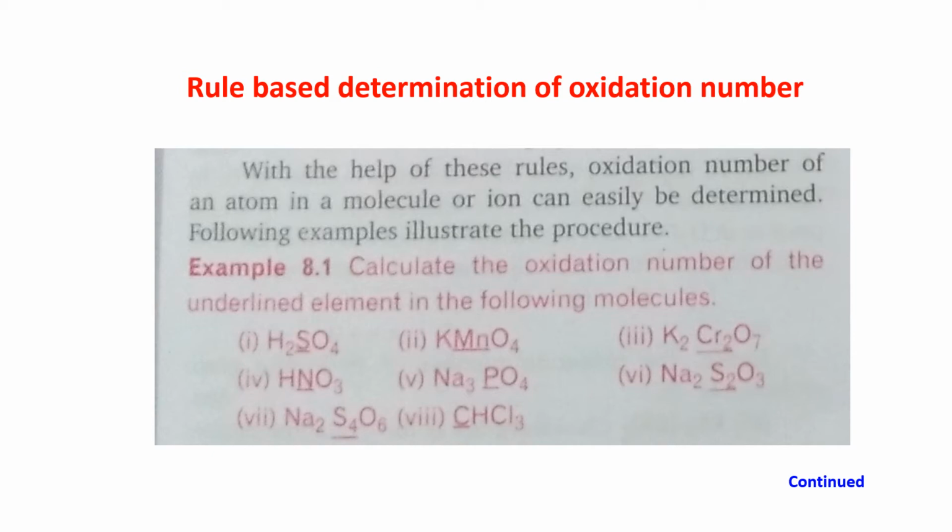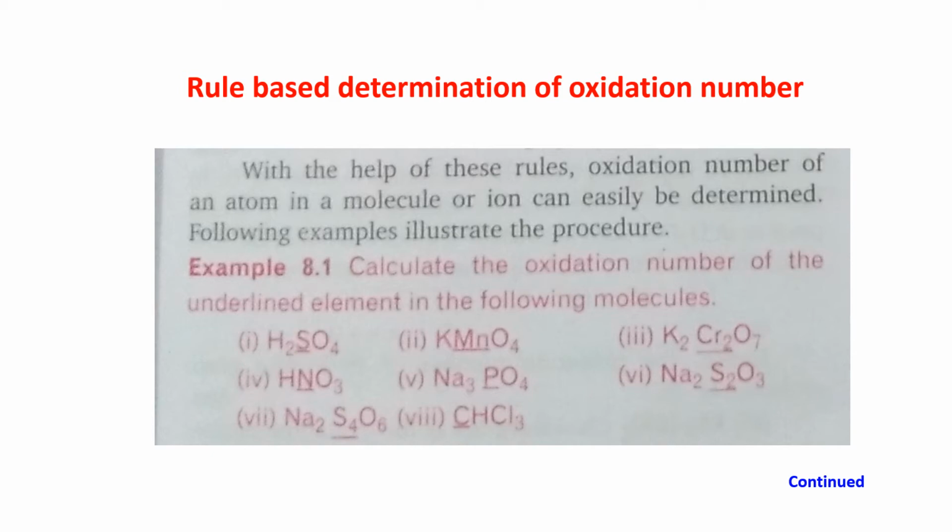Now, rule-based determination of oxidation number. With the help of these rules, oxidation number of an atom in a molecule or ion can easily be determined. Following example illustrate the procedure. Calculate the oxidation number of the underlined element in the following molecules.